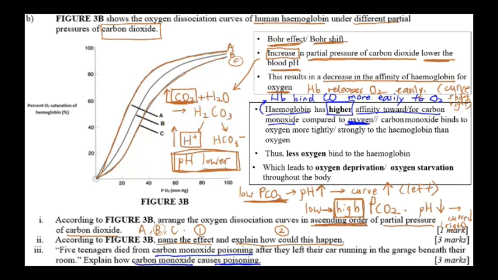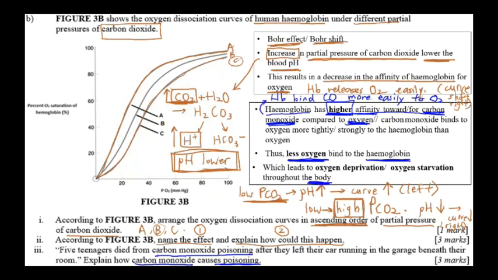This is what it means by higher affinity for carbon monoxide. So it will choose carbon monoxide over oxygen. It can bind easily with carbon monoxide than to oxygen. And that's why less oxygen binds to the hemoglobin. When we have less oxygen bound to the hemoglobin, it tells us that it will have less oxygen being sent to the body.